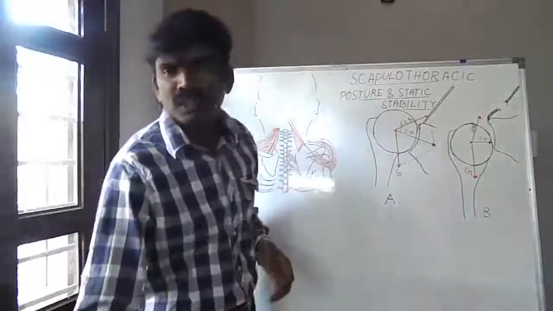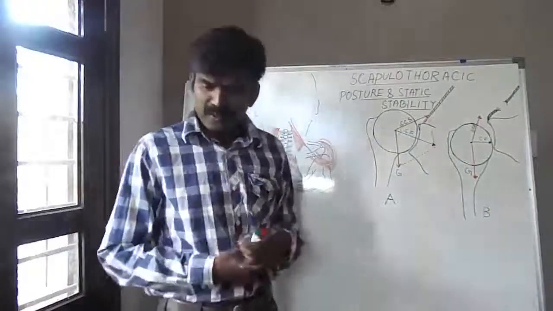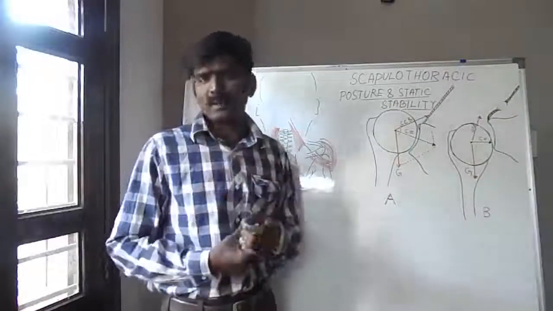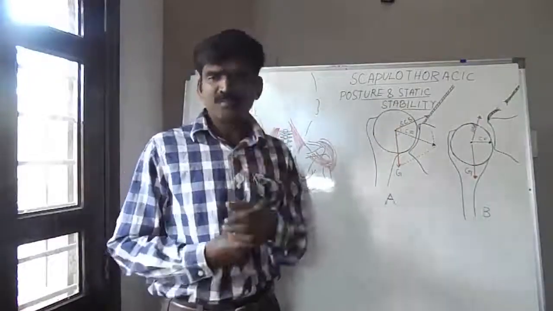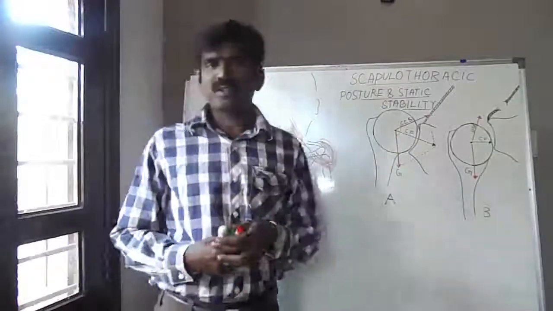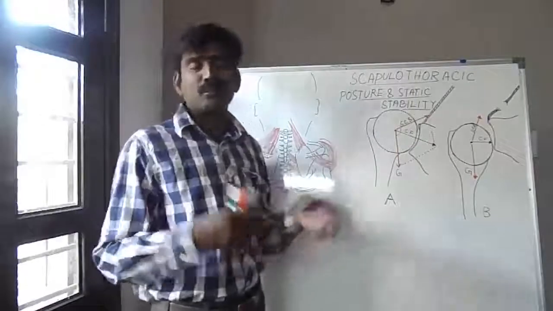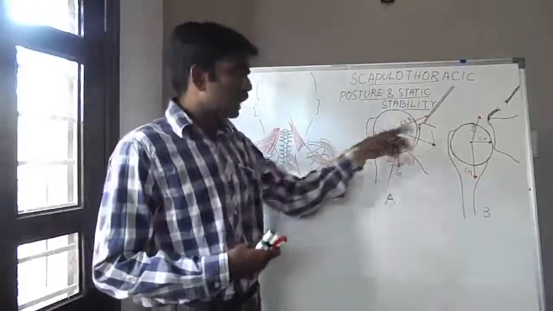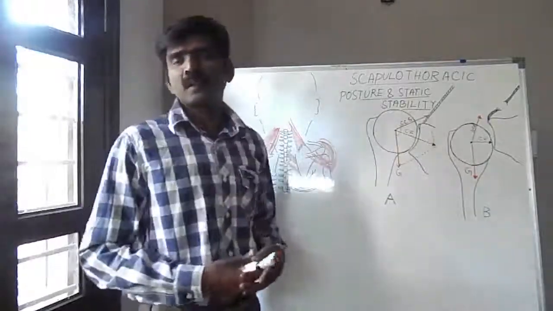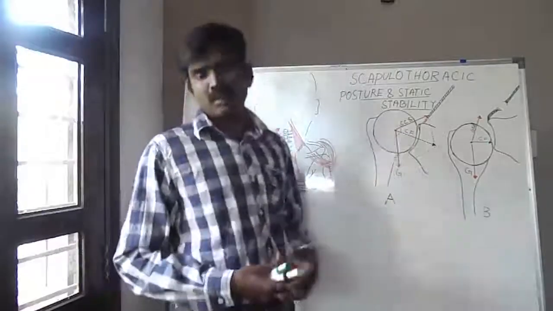Most of the muscles of the shoulder complex fall into one of two categories. There are two groups of muscles. One is called the stabilizers, and the next one is called the mobilizers of the shoulder joint. So how will we define the stabilizers of the shoulder complex?